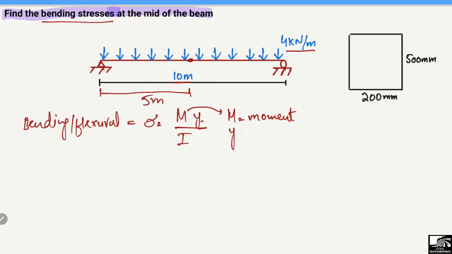Y is the distance from the neutral axis. It is the distance from neutral axis of your beam section to the point of interest where you want to find out the stresses. And I is the moment of inertia. This I is the moment of inertia of your beam section.